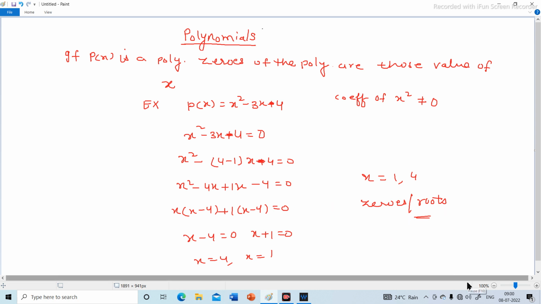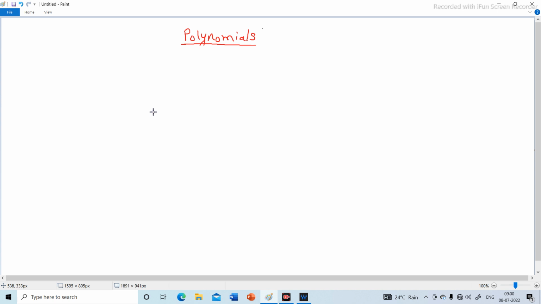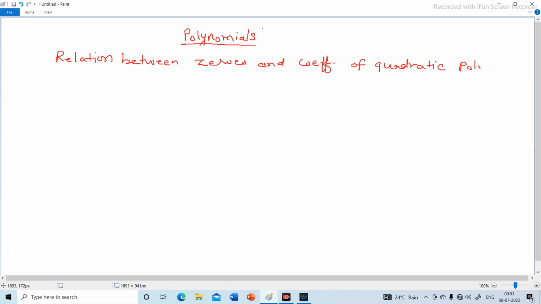Now, relation between zeros and coefficients of a quadratic polynomial.